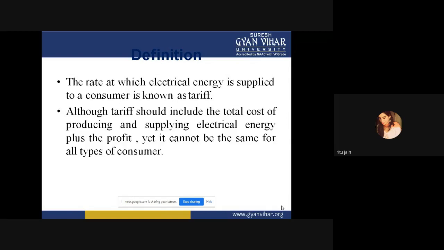It will depend upon how much electricity the consumer is using, which kind of phases he is using, single phase or three phase, whether he has only resistive load or resistive, inductive, RLC or motor load, and what kind of consumer it is, industrial or commercial. So it will depend upon the consumer.